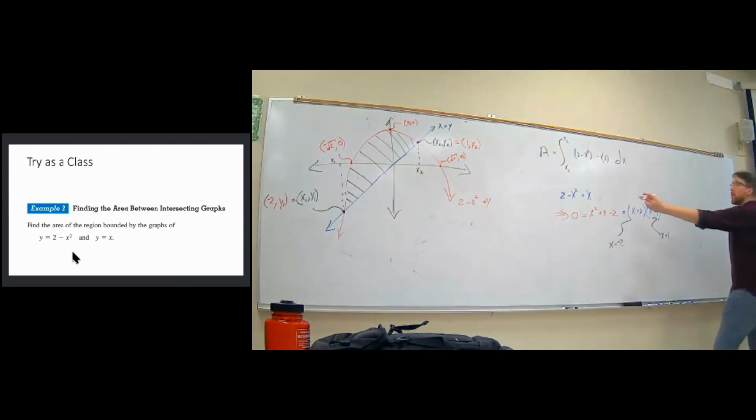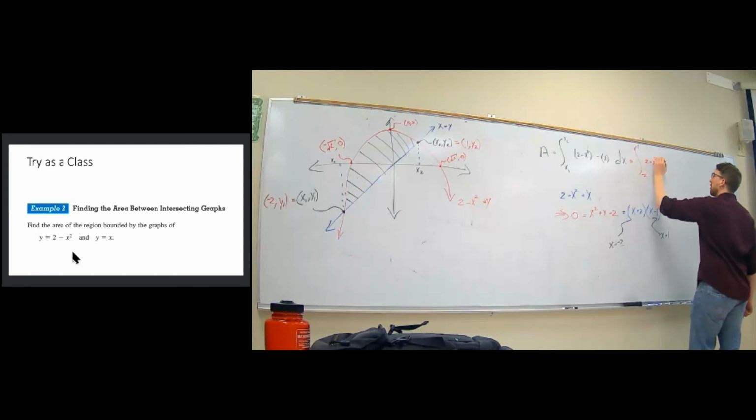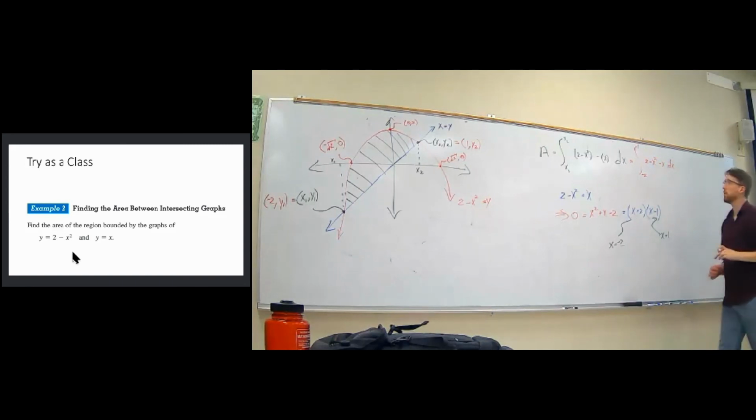So now we can plug those values into our integral. We can say, cool, this is the integral from negative 2 to 1 of 2 minus x squared minus x, integrated with respect to x.